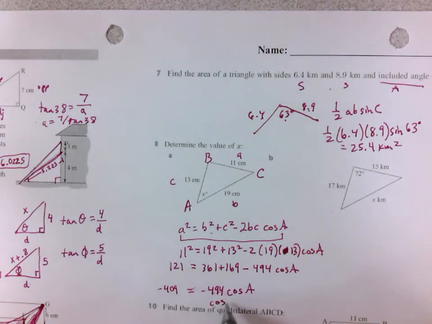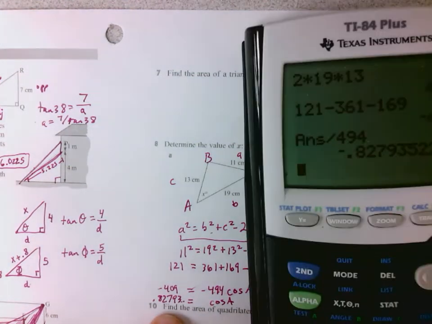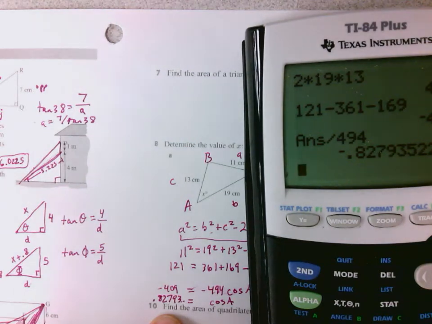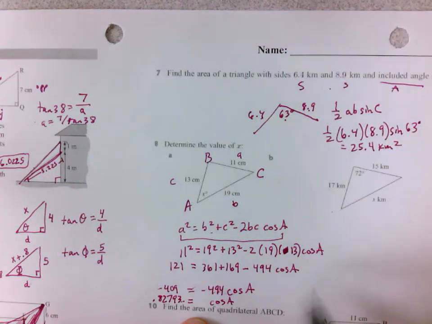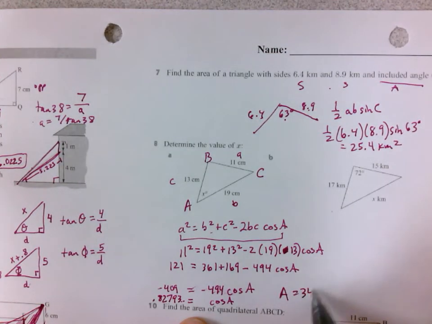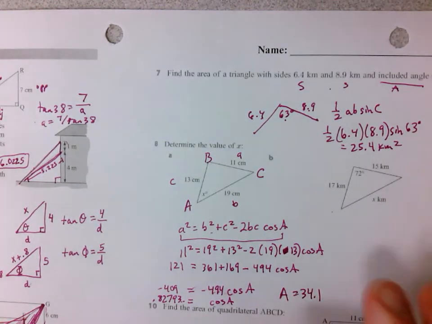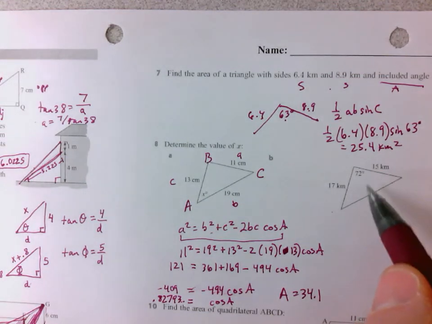So the cosine of A equals 0.82793. Keep it in your calculator. Mine says negative, but it's really positive. So inverse cosine of that answer, 34.1. Go to the next one.